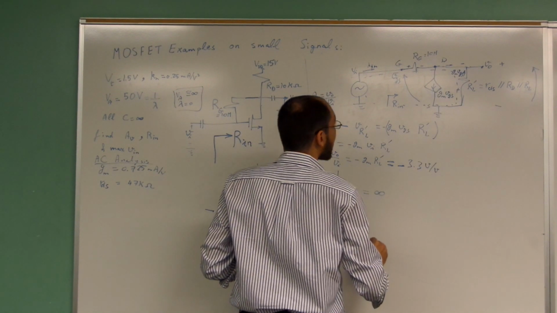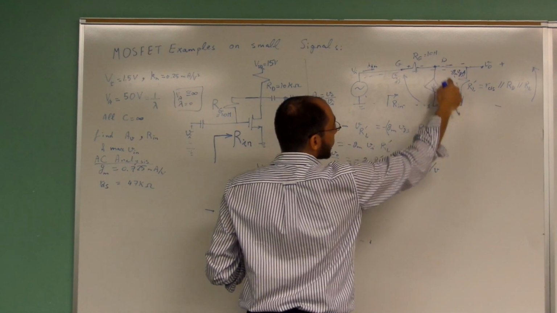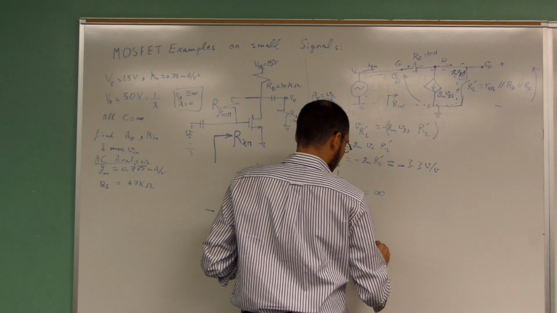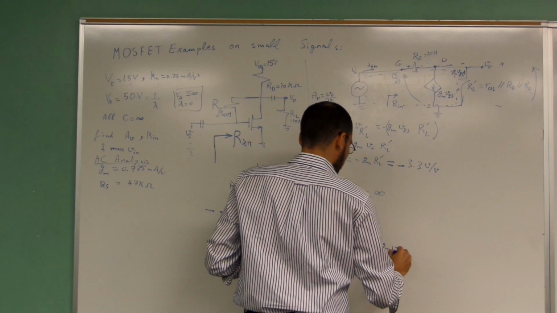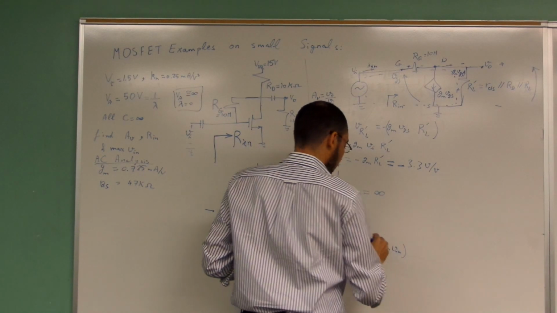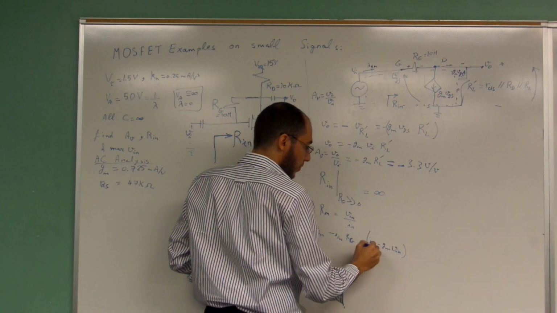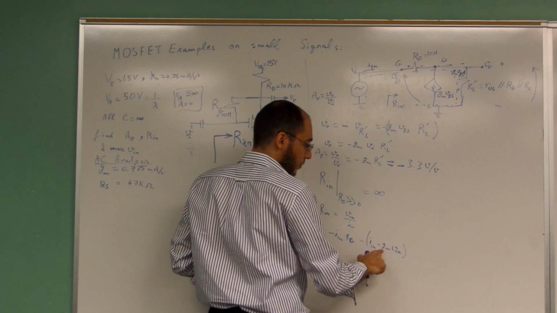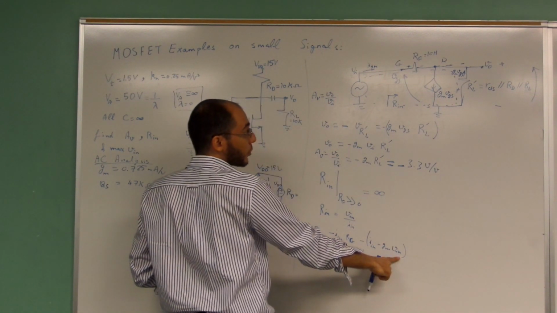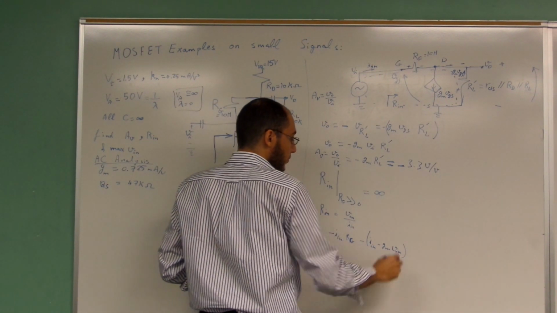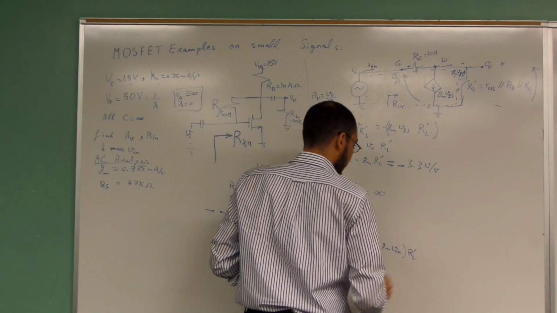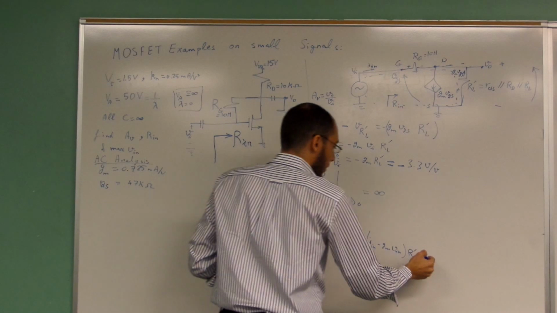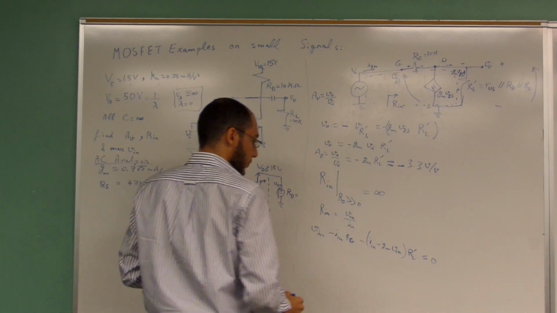Here it is passing I input minus GM VGS, which is V input. So I input minus GM VGS, which is the value of V input, multiplied by the value of the resistor RL prime, and this is equal to 0.